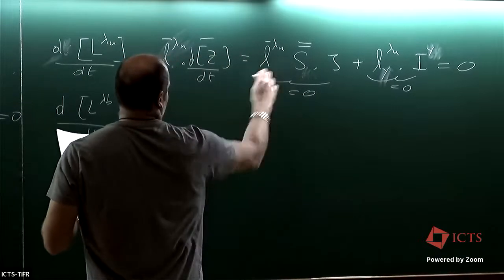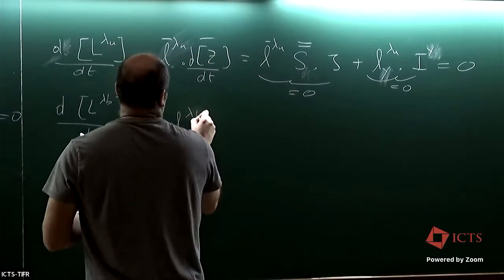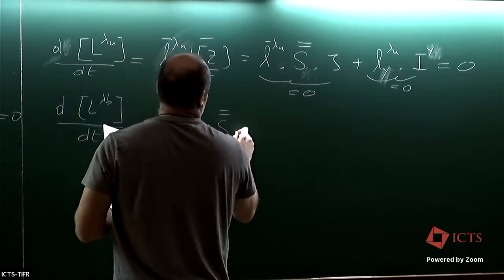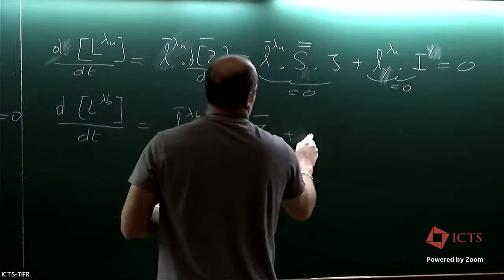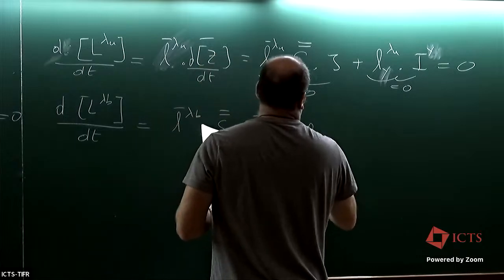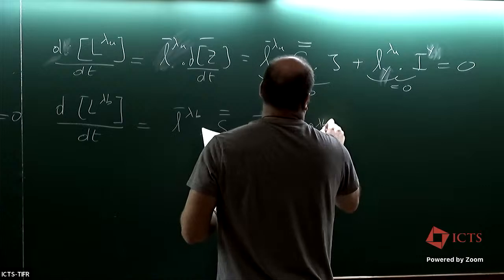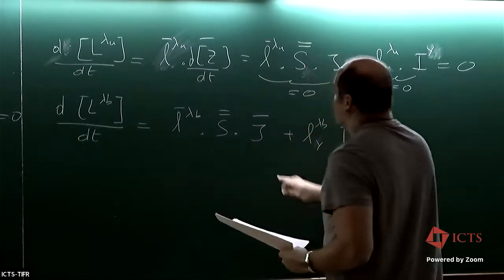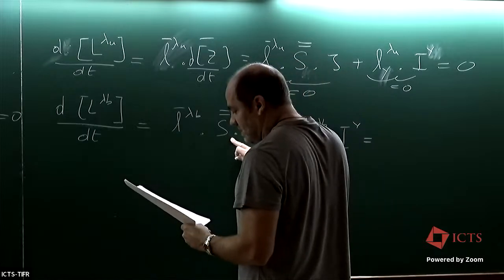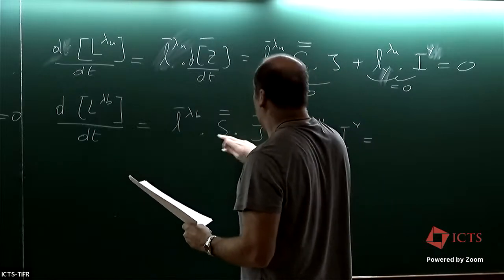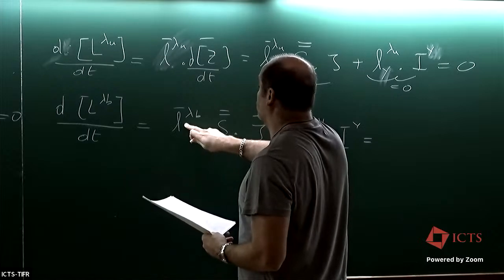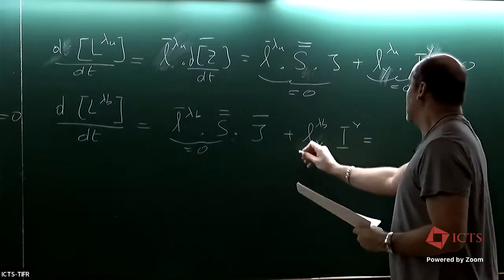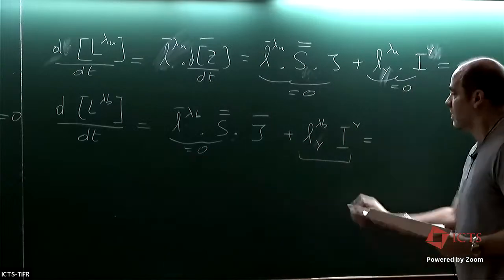So I can directly jump to this. Lambda broken times S times J plus lambda broken in lambda IY. So this is still a conservation law of the full system, so this is still 0, but this now is not 0 anymore.